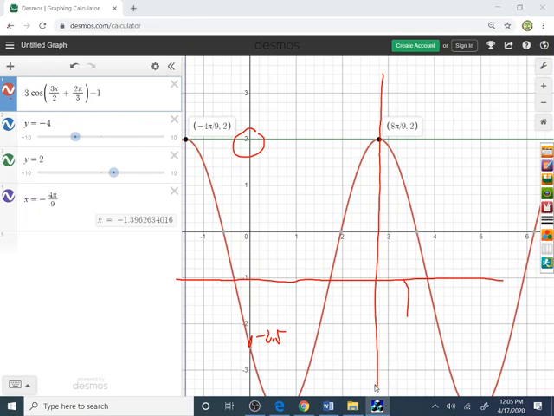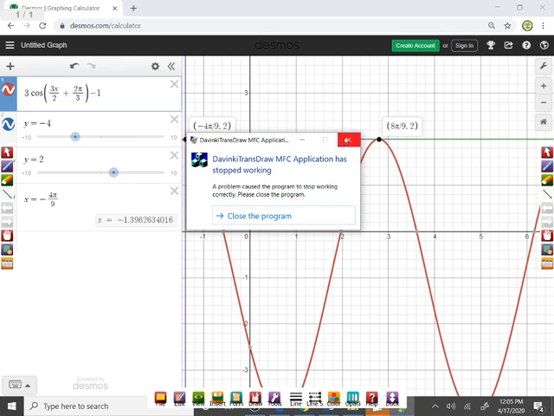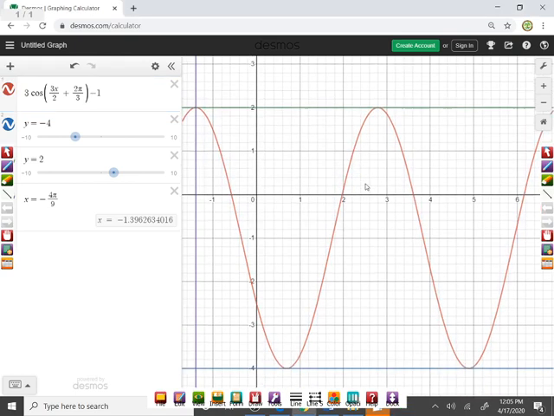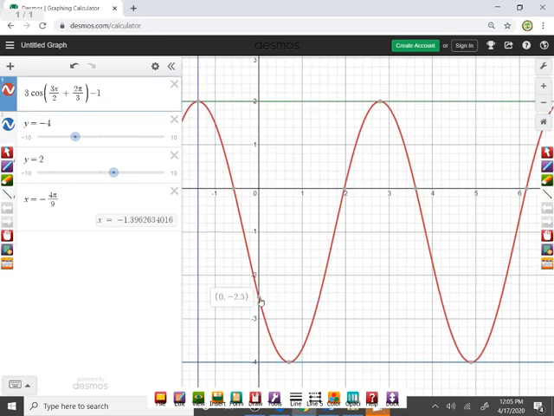Let's go back a little bit. You see that? If you click here, you see -2.5, that's my y-intercept. If you click here, this is the first point. If you click here, this is the last point. If you click here, and look here, y equal -1.